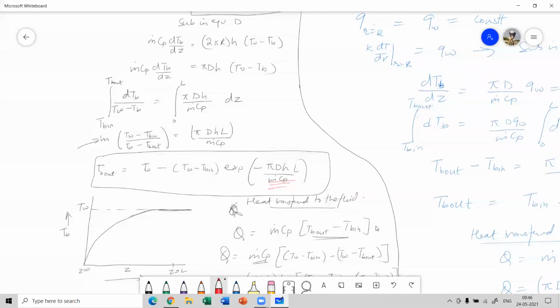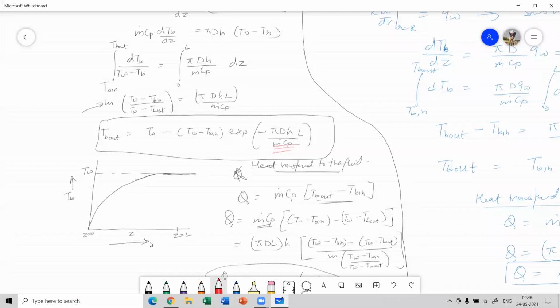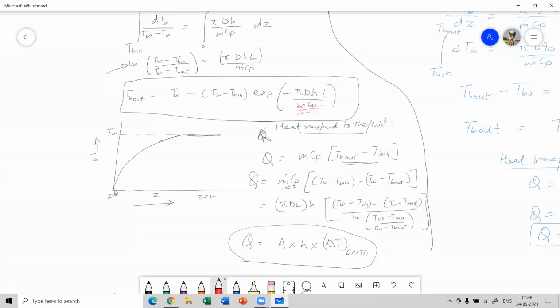For constant wall temperature conditions, the profile is of this shape, that is the bulk temperature of the bulk fluid which is there in the pipe varies exponentially along the length of the pipe, and this is the expression of that.